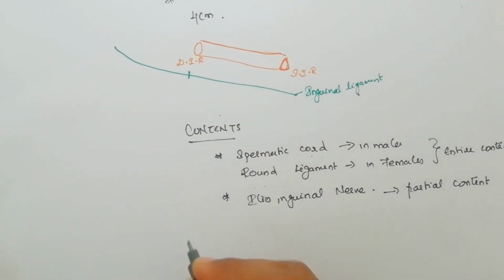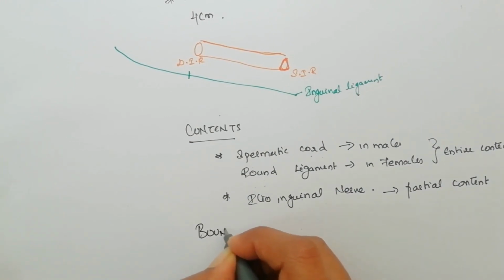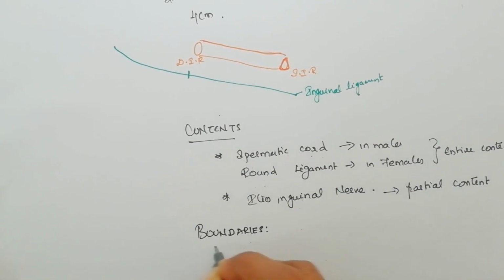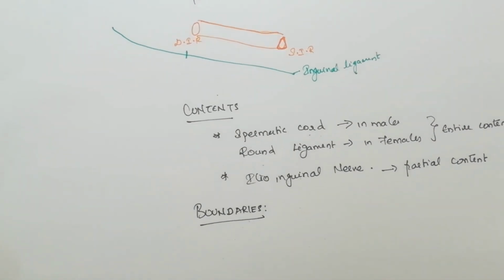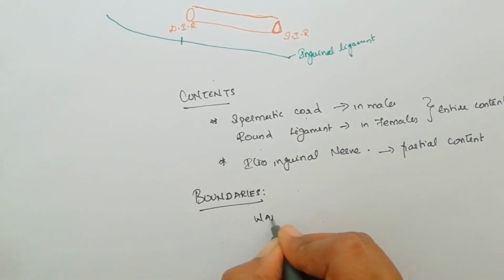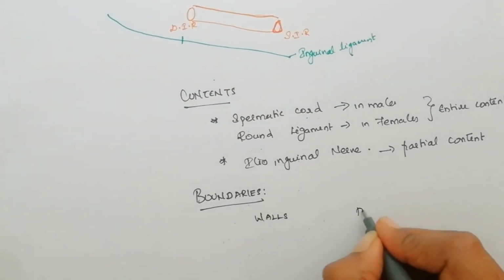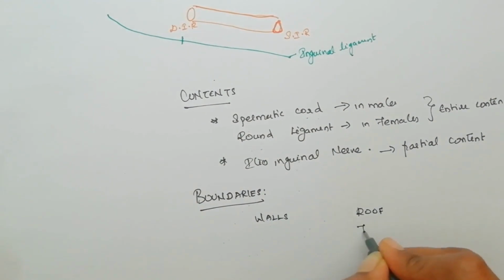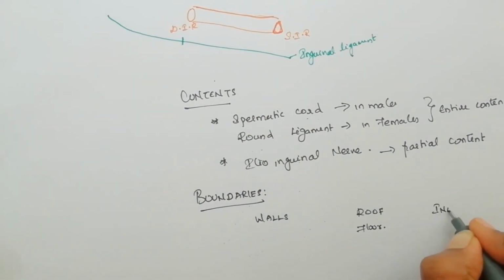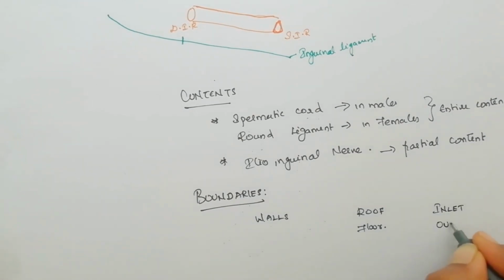Now we are going to see the boundaries in detail. We have boundaries like two walls, and we have a roof and floor. Along with that we have the inlet, which is the deep inguinal ring, and the outlet, which is the superficial inguinal ring.